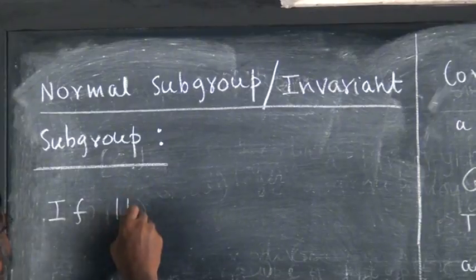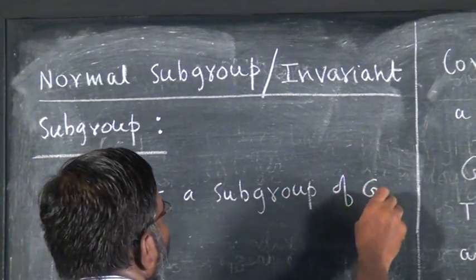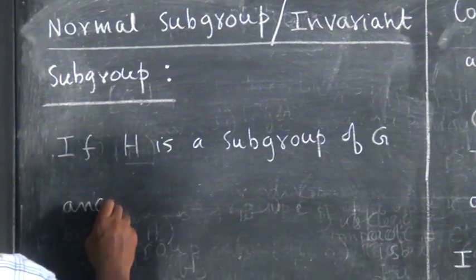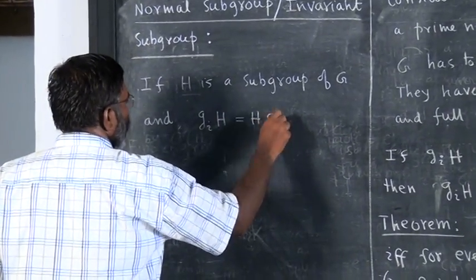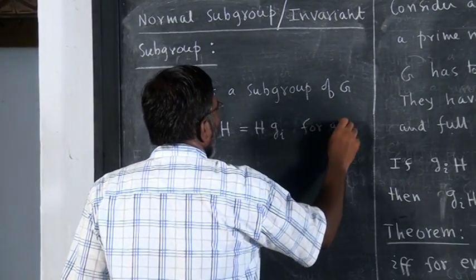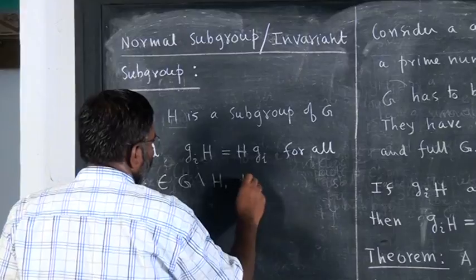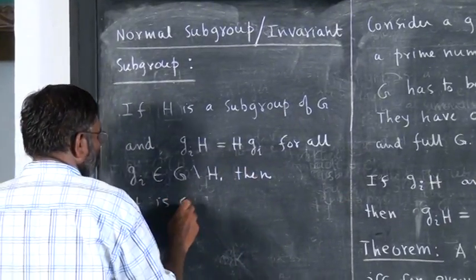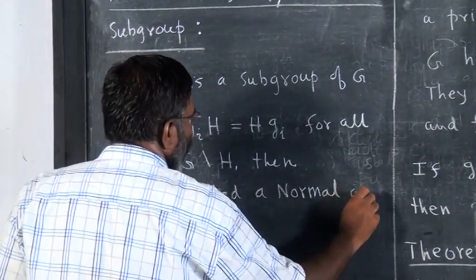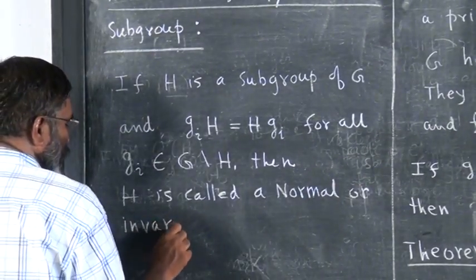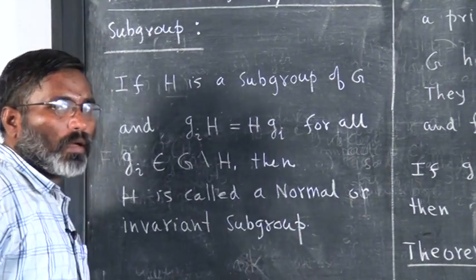If H is a subgroup of G, and giH, the left coset, is equal to the right coset, for all gi in G minus H, then H is called a normal subgroup or an invariant subgroup.